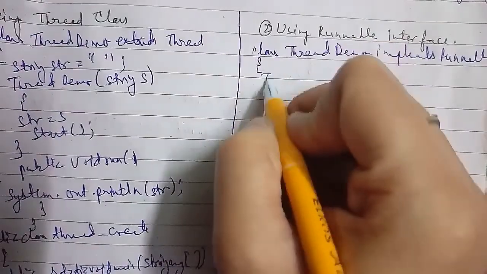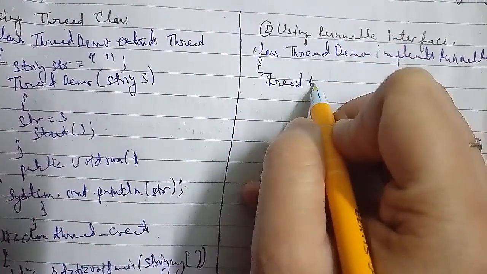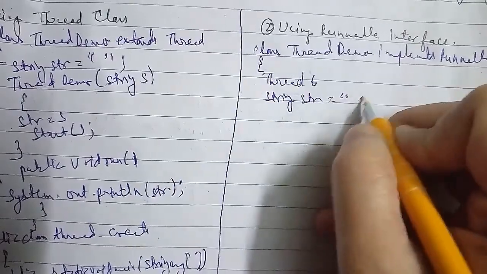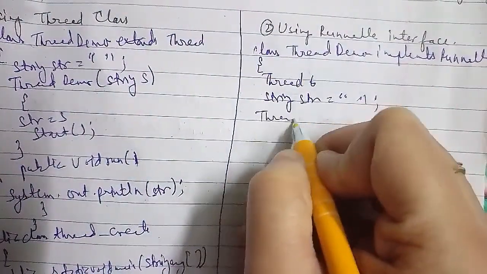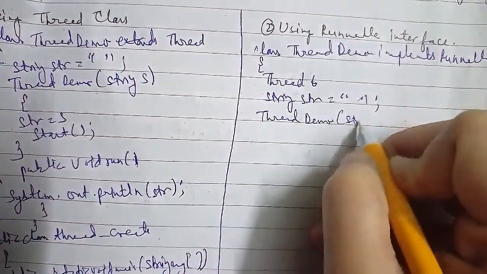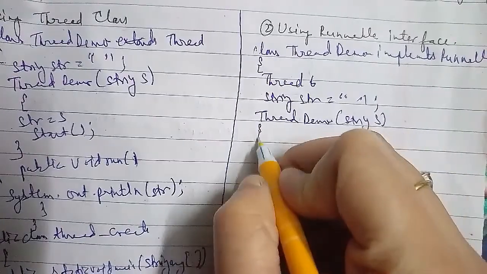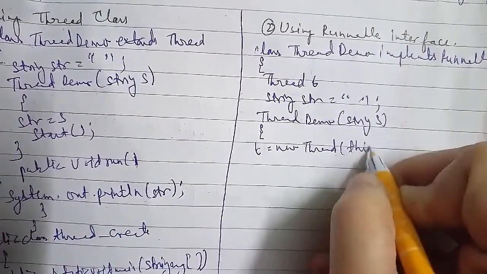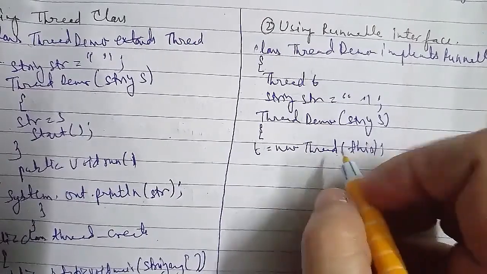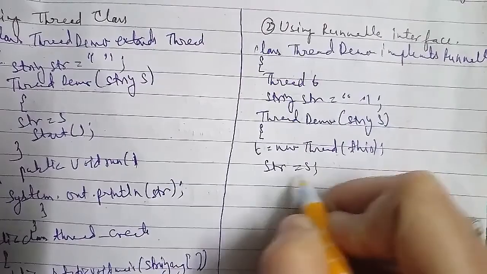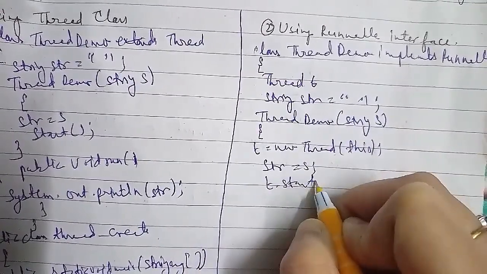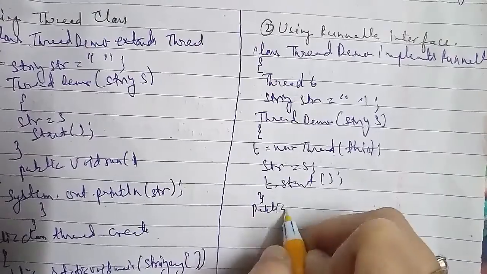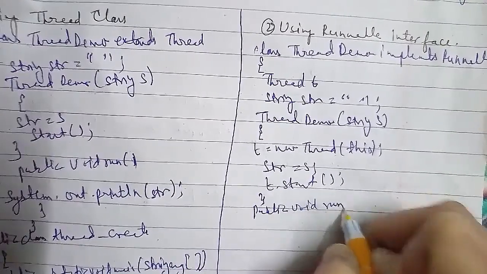start bracket, Thread t, then String str, ThreadDemo(String s), start another bracket, t equals new Thread, this is an assigned value to the object of the thread, str equals s, t.start(), this is the start of the thread, closing bracket. public void run(), this is the execution of the thread.